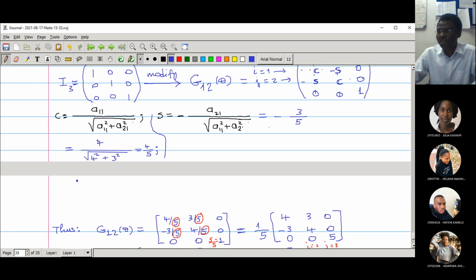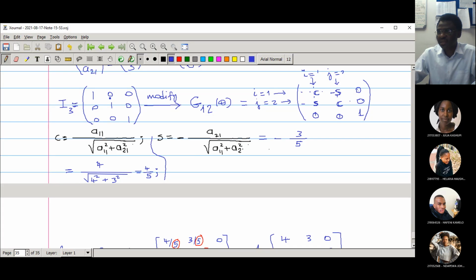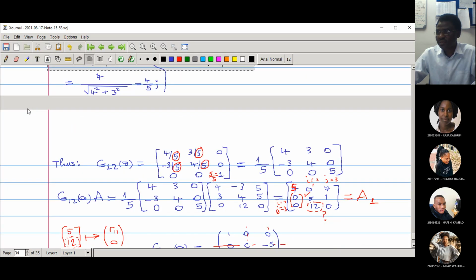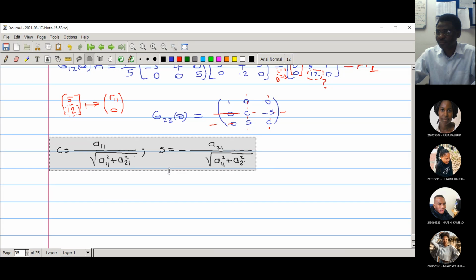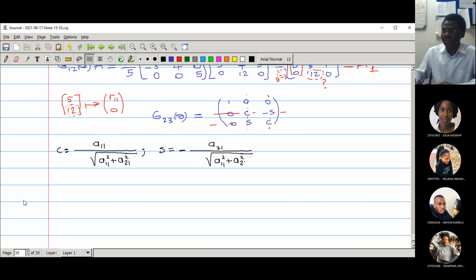So we repeat that computation. A11 is this one. A11 is 5, A21 is 12.